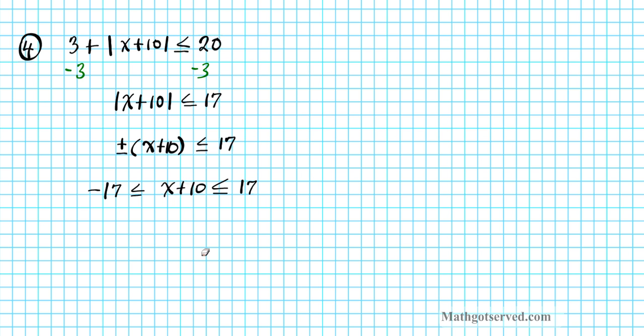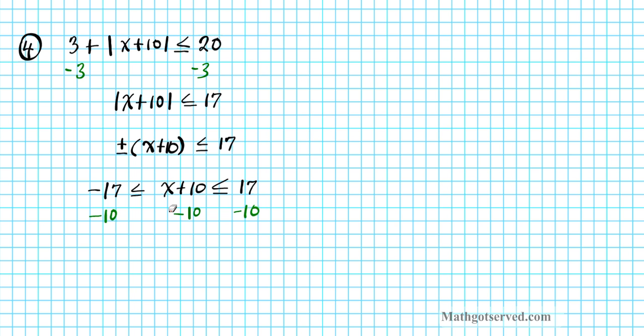So to get x isolated, we're going to solve on these two combined inequalities simultaneously. So we subtract 10 from all three sides of the combined inequality. So subtract 10, subtract 10, subtract 10. So why are we subtracting 10?